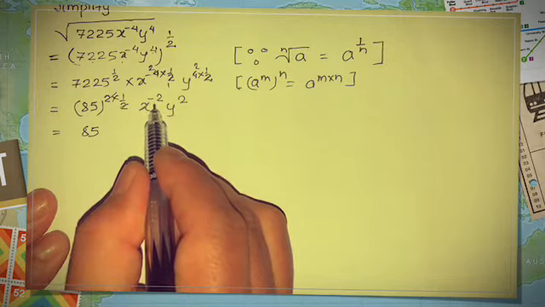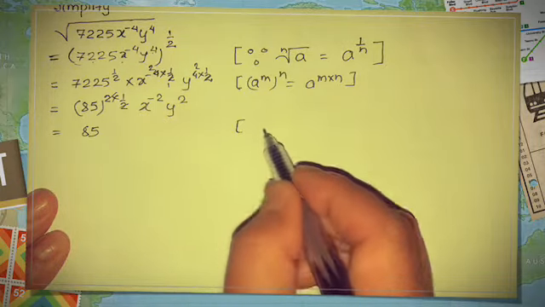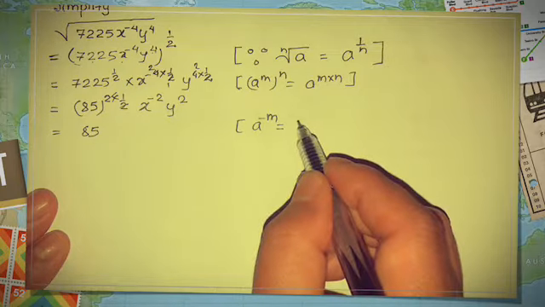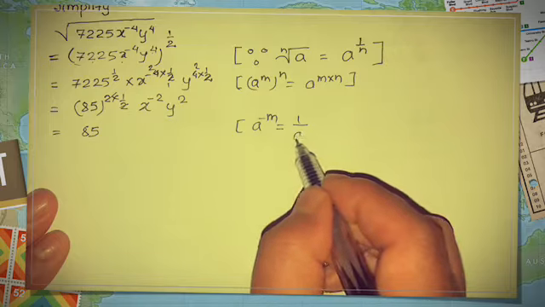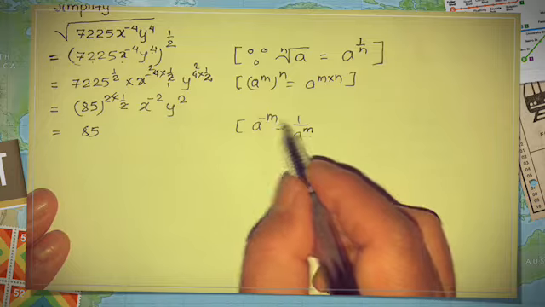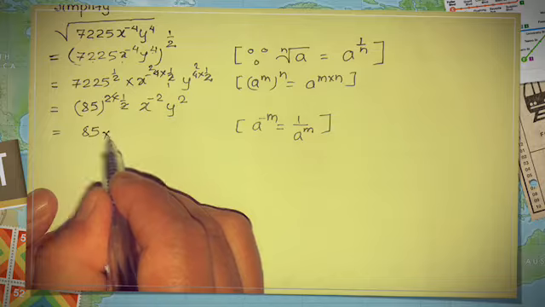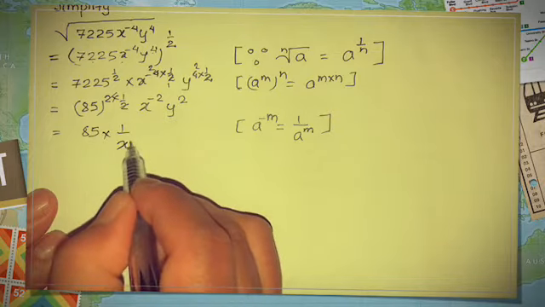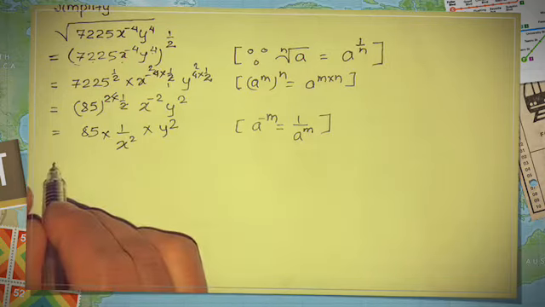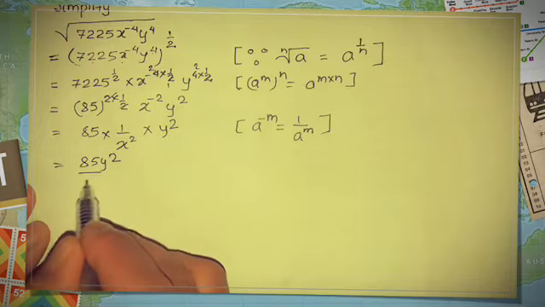So here we have to apply the law of negative indices. Look at the formula and see what happens to the negative index. It becomes positive in the denominator. So this is by the law of negative indices. So here also you will get 1 by x square and y square, so in the numerator we can write 85 y square over x square.